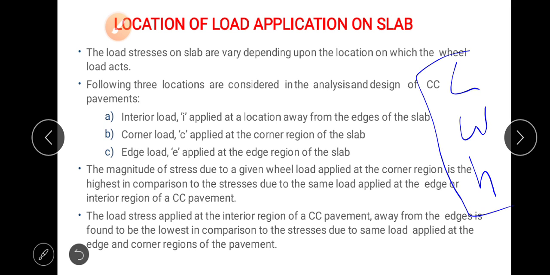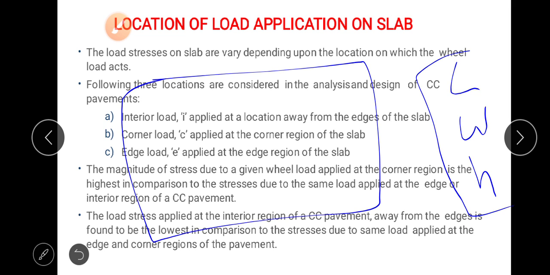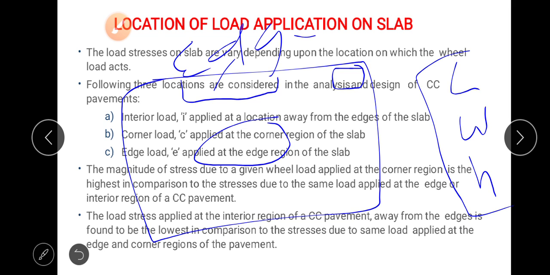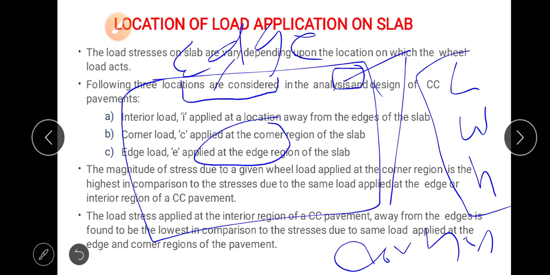Accordingly, the load application also will be interior, corner or edge. Suppose this is the slab: this is the edge region, this is the corner region, this is the interior region.